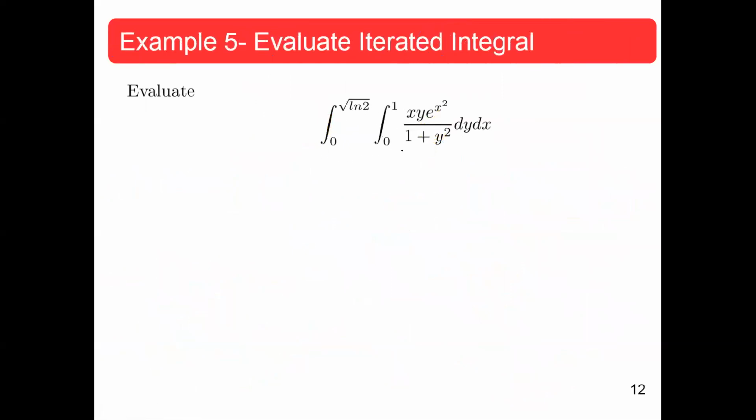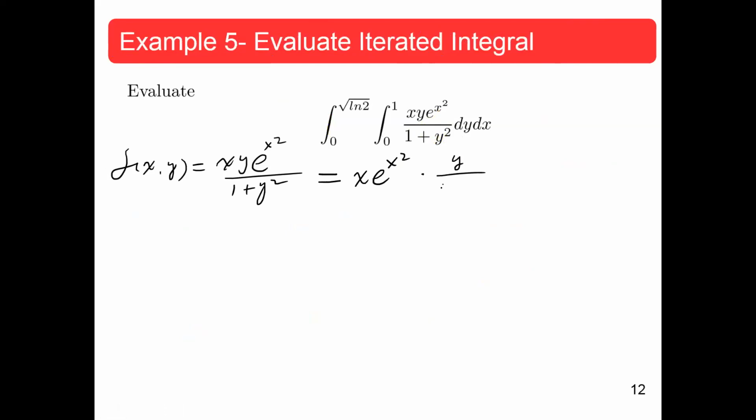It looks a little bit complicated if you look at the integrand over here, but if you look at the integrand here, f of x, y, which is x y e to the x squared over 1 plus y squared, is this separable? Yes. It could be separated as a function of x only, x e to the x squared, and a function of y only, y over 1 plus y squared, right?